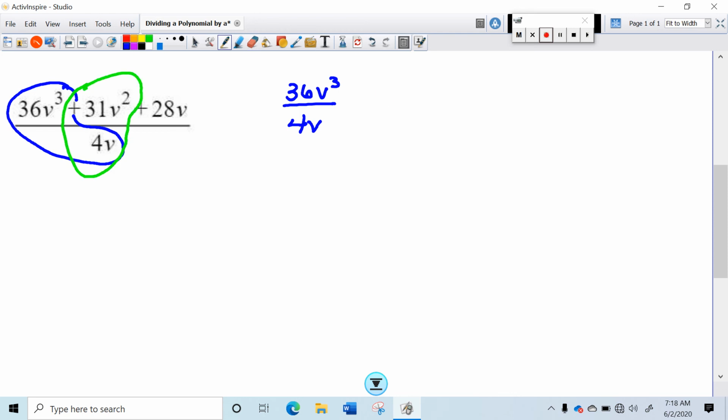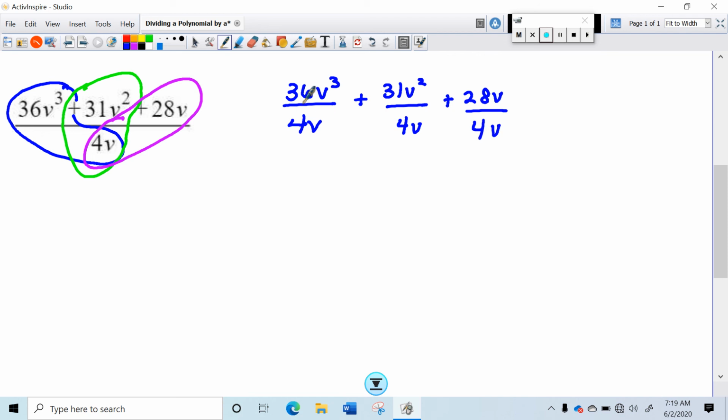So I'm going to do a positive 31v squared over 4v. And then I'm going to do this one. Everything on the top has to go with whatever's on the bottom. So that's going to be a positive 28v over 4v.